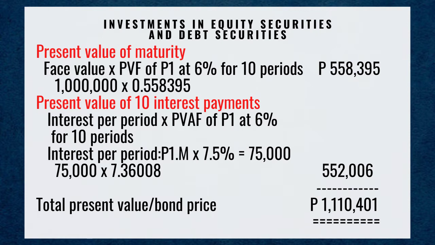Present value of 10 interest payments: interest per period times PVAF of 1 peso at 6% for 10 periods. Interest per period is 1 million times 7.5%, which equals 75,000 pesos. 75,000 pesos times 7.36008 is 552,006 pesos.